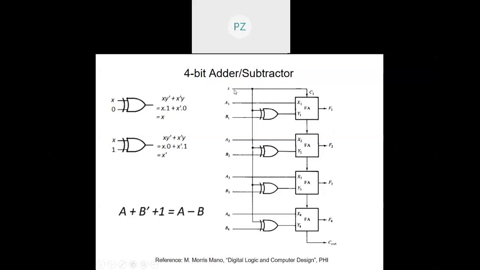So I can see that this hardware control S, when it is 0, I am getting an adder, and when it is 1, I am getting the same circuit as a subtractor. So this is a very useful circuit. With S being 0 it becomes an adder, with S being 1 it becomes a subtractor, because of the peculiar nature of this exclusive OR gate.